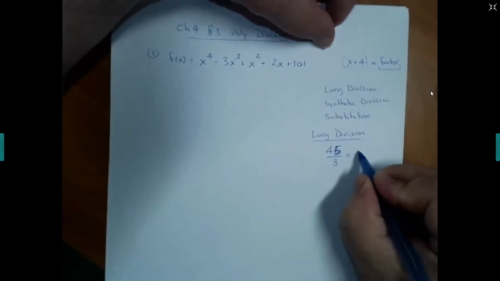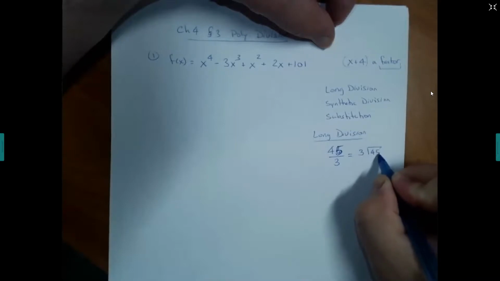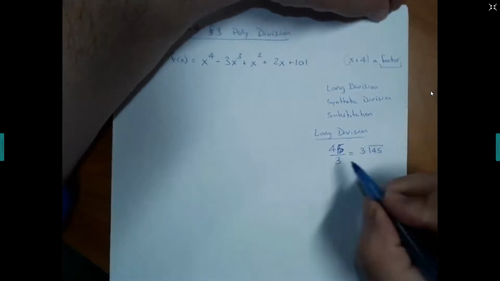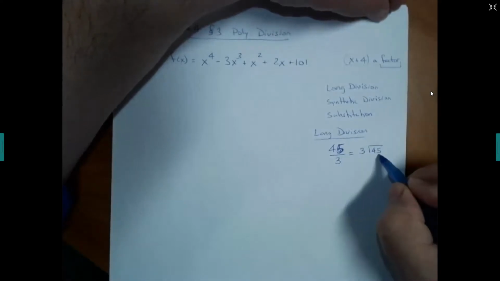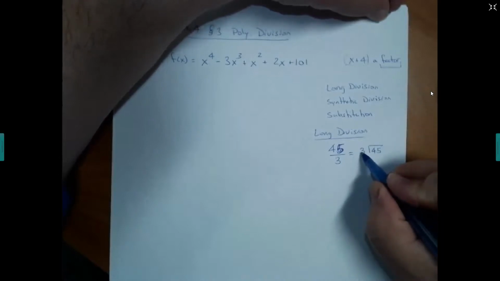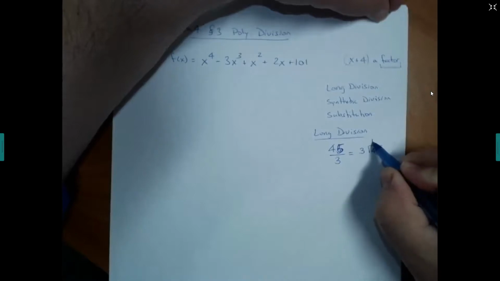The way we can rewrite that equation is like this. This is how division used to be taught back in the old days. Whatever's on the bottom goes in front, whatever's on top goes inside the division box. 3 goes into 4 how many times? Once, with how many left over?